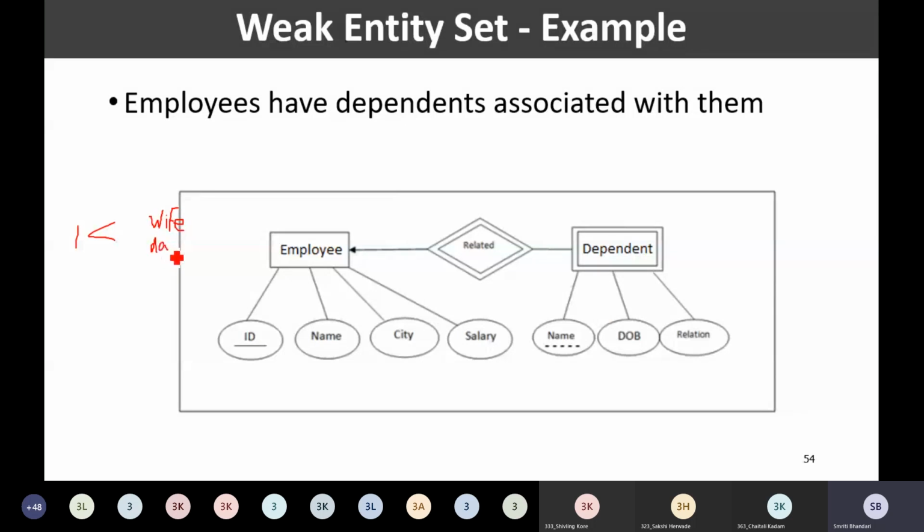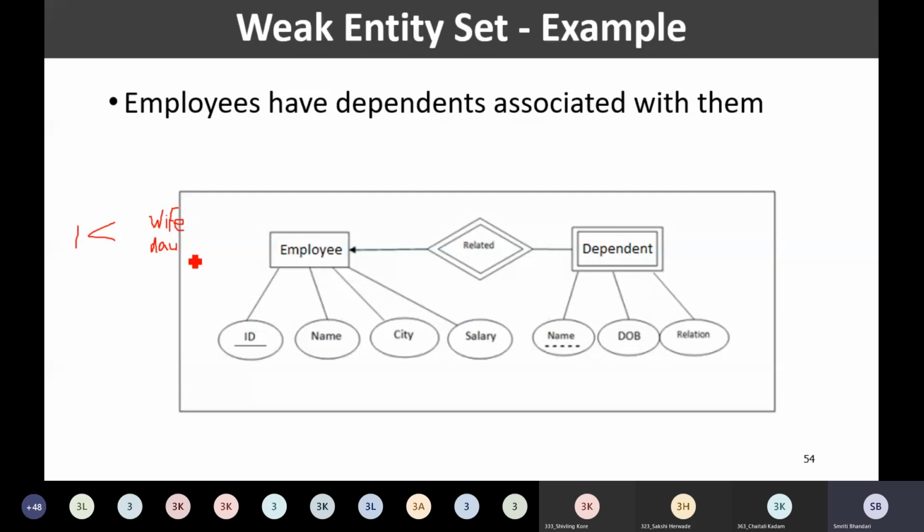So under relation, I'll be mentioning the relationship of that dependent. But under that employee ID, if I want to discriminate between these two entries of the dependents, I'll be making use of name, right? Why am I making use of name as the discriminator? Because under that particular employee ID 1, I have all the dependents with different names.